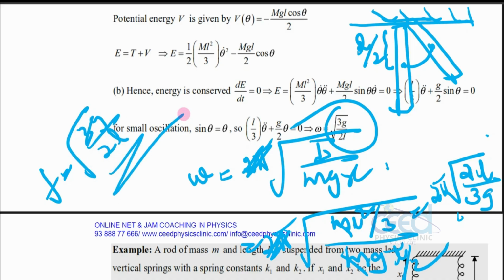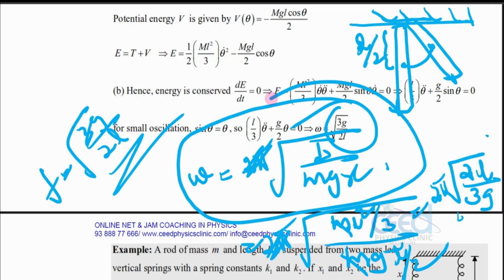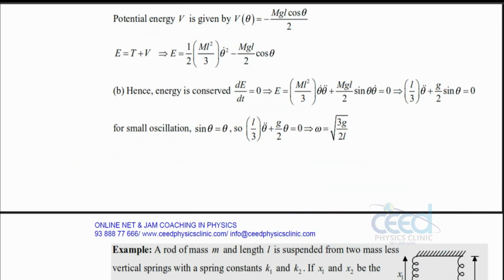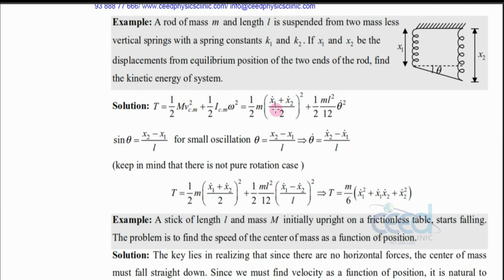This is the formula for frequency, 1 by 2 pi root mgx divided by I, or you can write the time period as 2 pi root I by mgx. Am I right? All right, now let us go to another question.